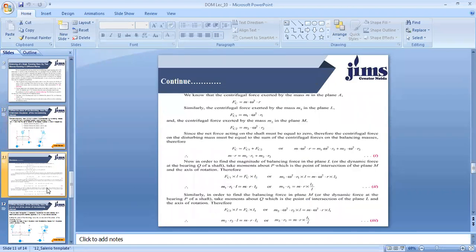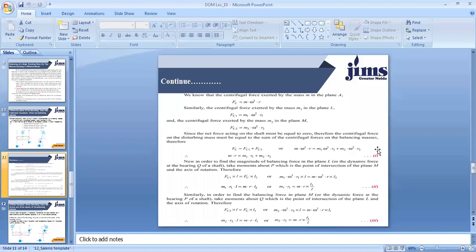Now we can see in this PPT, Fc2 multiplied by L is equal to Fc into L1. So we get the value of M2R2 equals MR multiplied by L1 upon L.